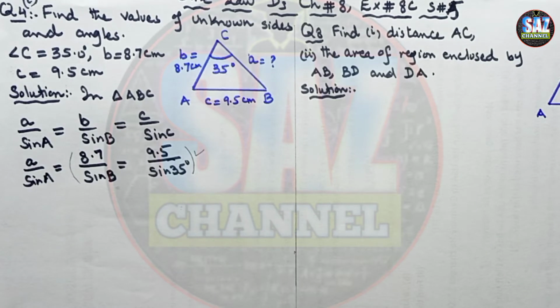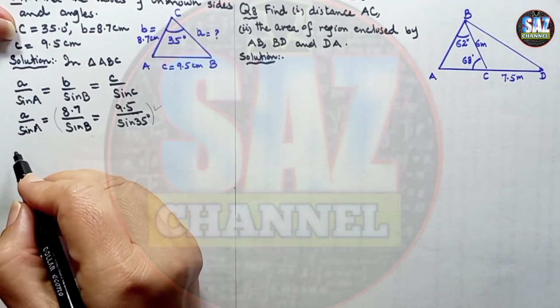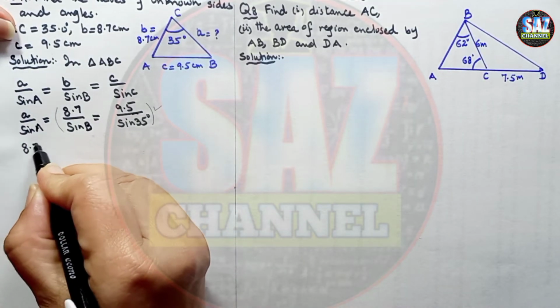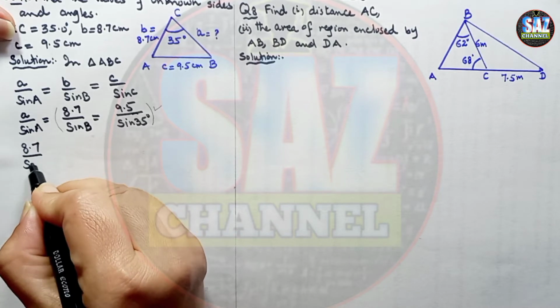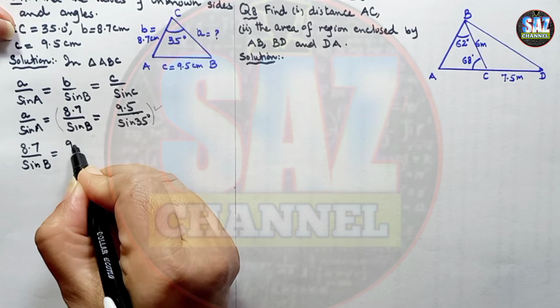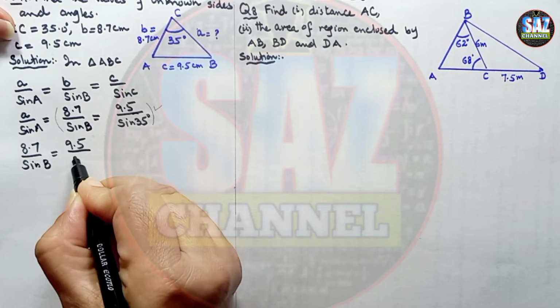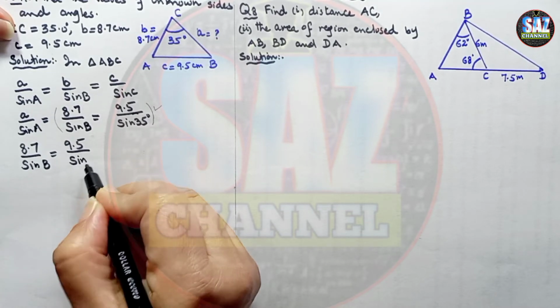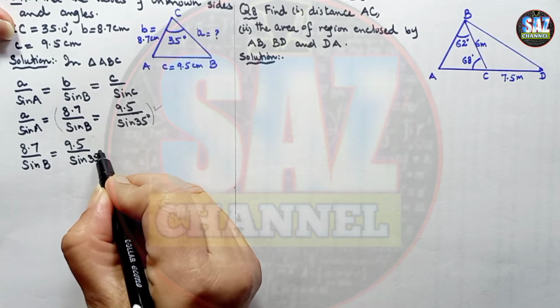So the equation will take the form 8.7 upon sine B equals 9.5 upon sine 35 degrees.